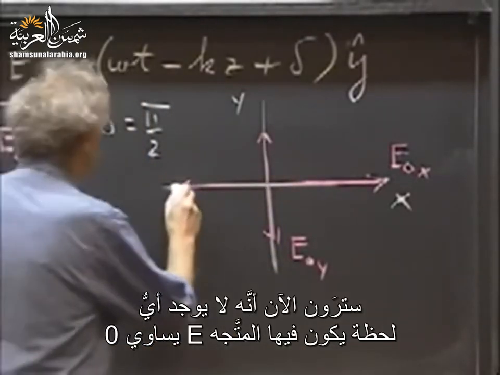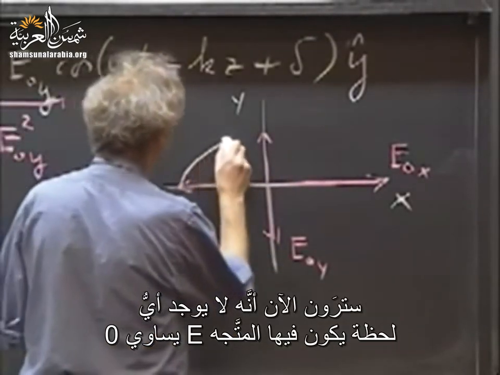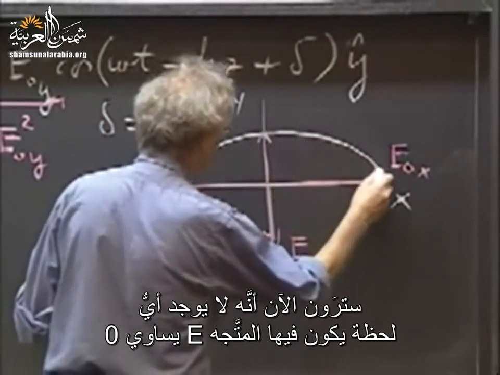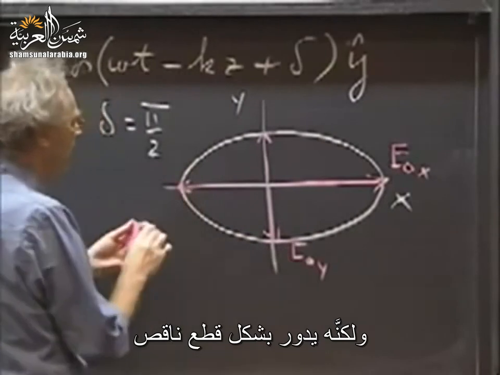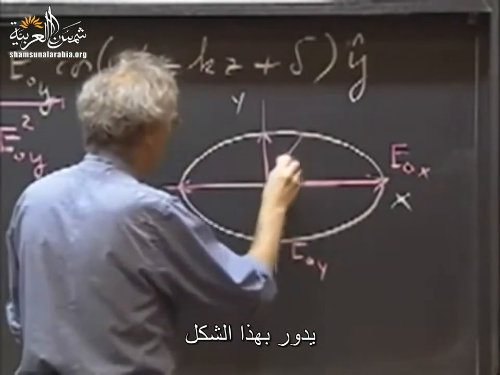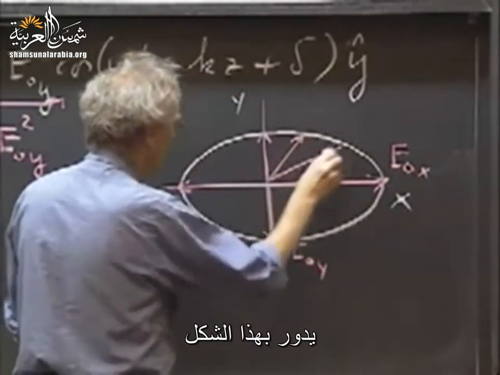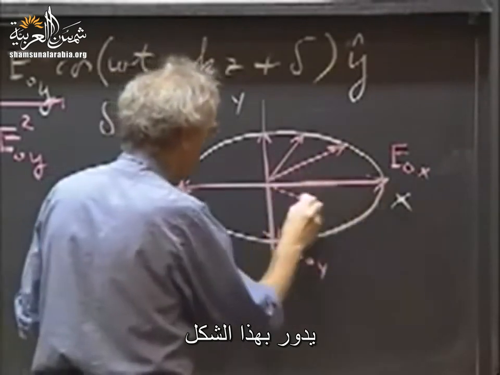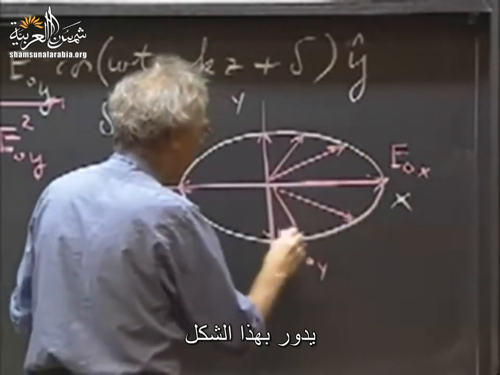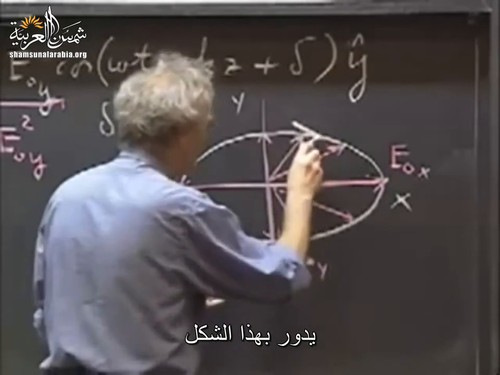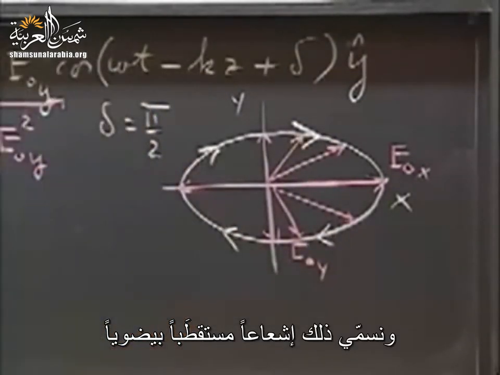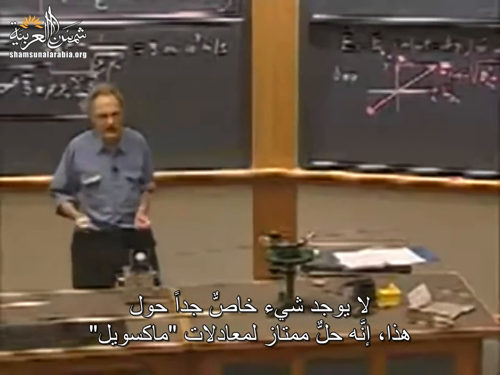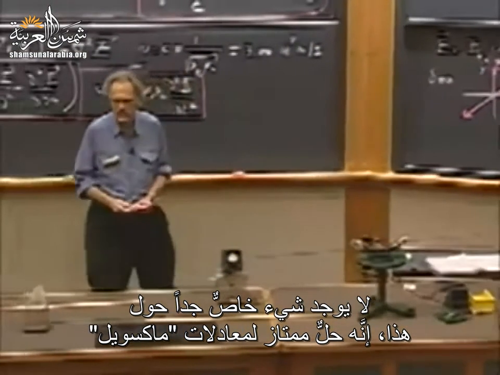So now what you're going to see is that there is never a moment that the E vector is 0, but the E vector rotates around in an ellipse. It goes like so, like so, like so, and so on. And we call that elliptically polarized radiation. There's nothing very special about it. It's a perfect solution to Maxwell's equations.